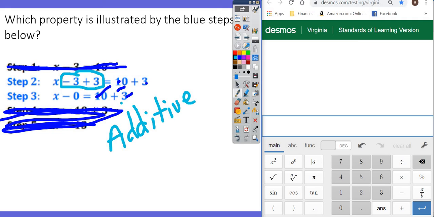And since you did the opposite of the -3 by adding a +3, it's the additive inverse. Because an inverse is what you use to get rid of something when you're solving. Okay? So if you have a -3 and you add 3, that's an additive inverse. All right? And you ended up with that 0 there, so you know that x equals 13.